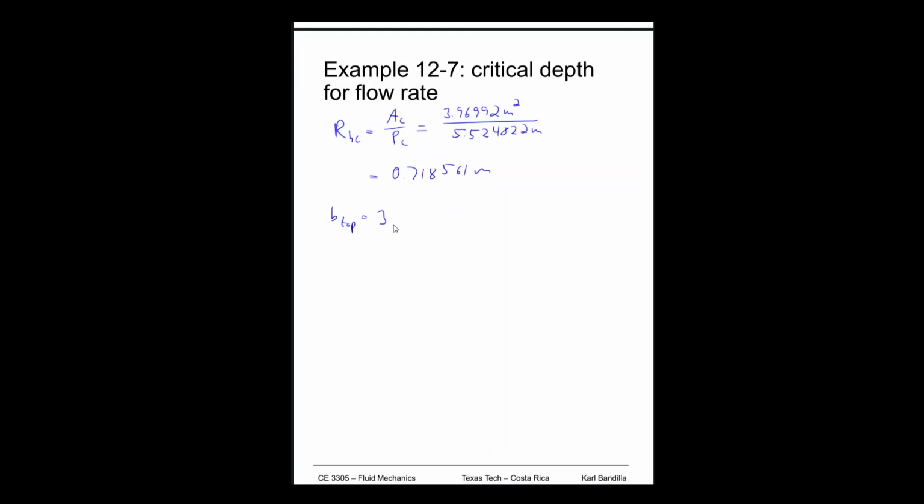So it'd be 3 meters plus 2 times 1.09328 meters divided by square root of 3, and that is 4.262411 meters.